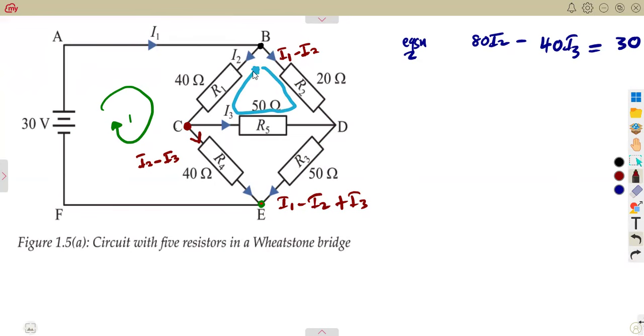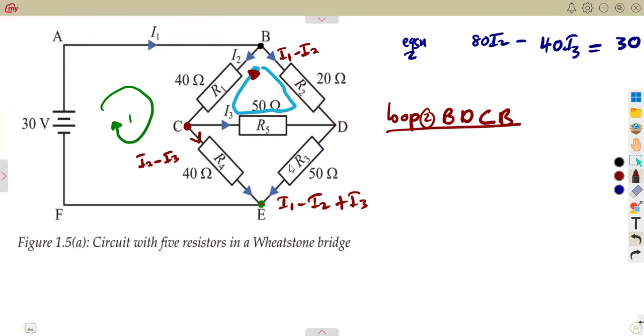It's a loop that I'm considering there. So I can consider loop B to D back to C and from C to B. That's a loop. That'll be our loop 2.